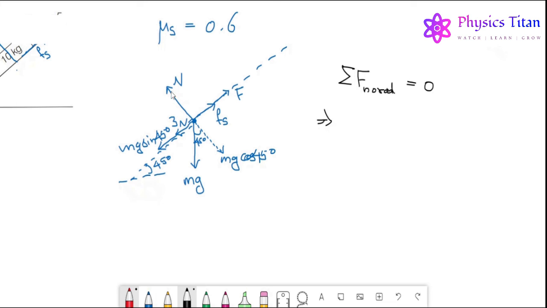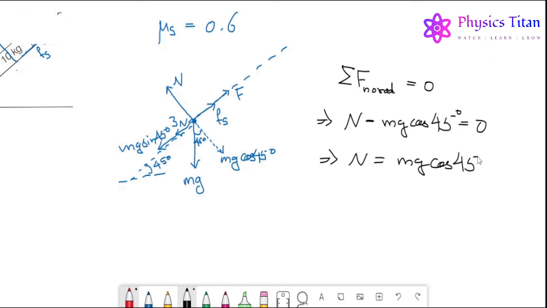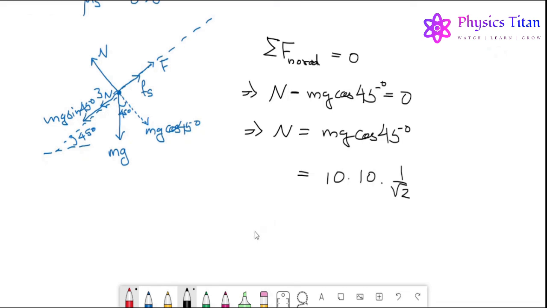That means N minus mg cos 45 equals 0, so N equals mg cos 45. M is given as 10, g we will take as 10, cos 45 is 1 by root 2. So the normal force N will be equal to 100 by root 2.